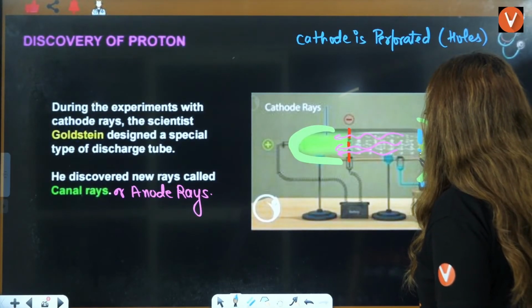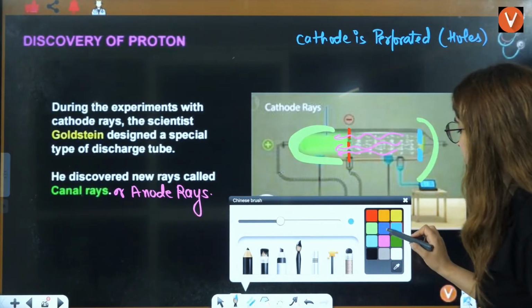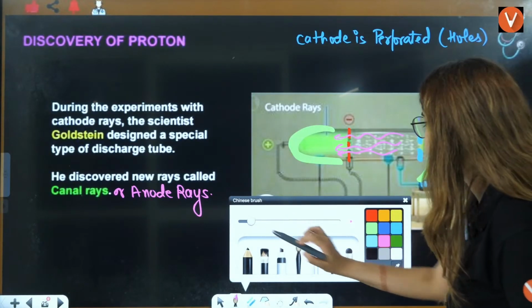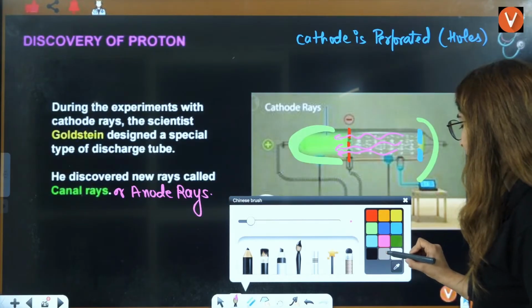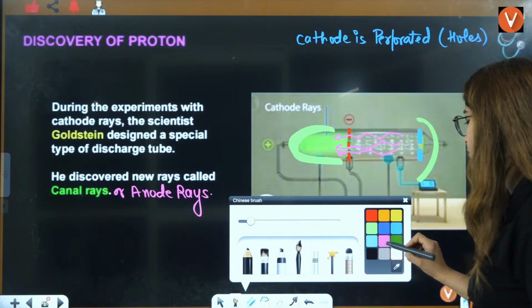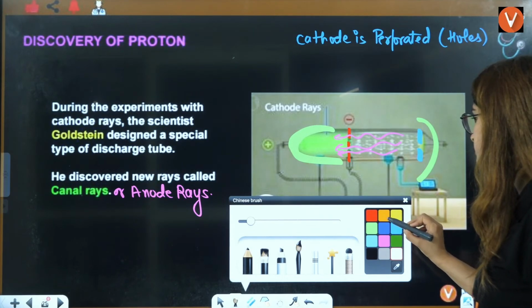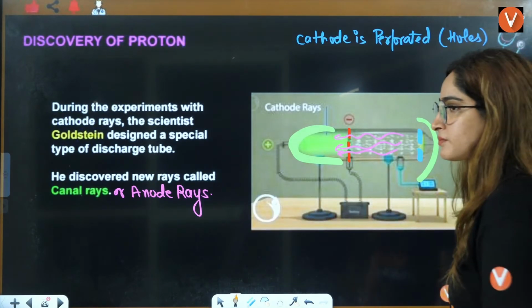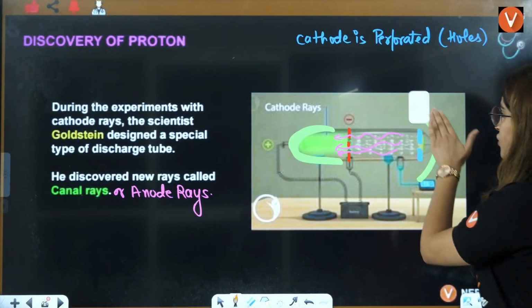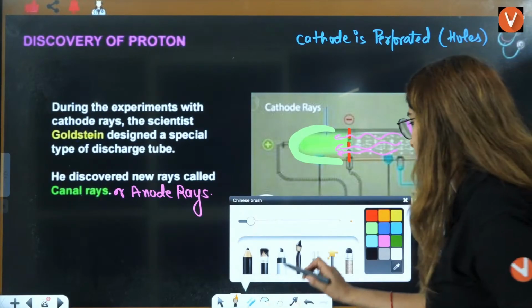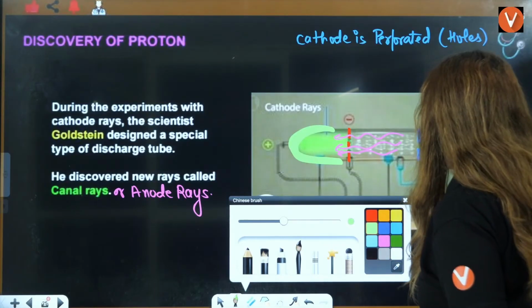Now wait a minute, let me just draw with the orange pen. If I have this also perforated and the ZnS screen here should be the same.